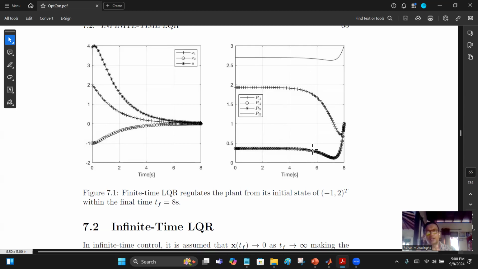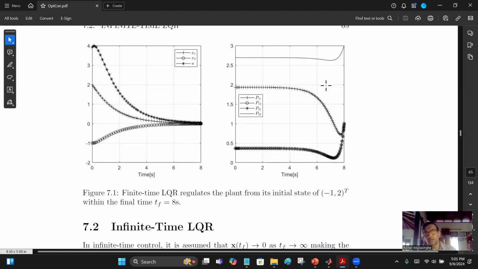Because we have fixed the time, we got this differential equation. If you had not fixed the time and let it go, right, we would get constant p-values, without any changes. Which means P dots are 0.